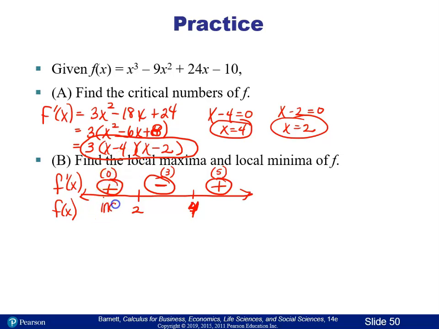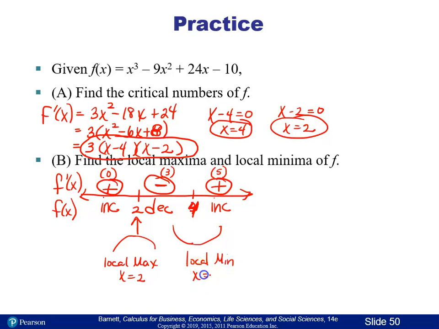So the function is going to be increasing, then decreasing, and then increasing again. So that means here at 2, since it's increasing and then decreasing, we're going to have a local maximum at 2. And then here we're decreasing and then increasing, so we're going to have a local minimum at 4.